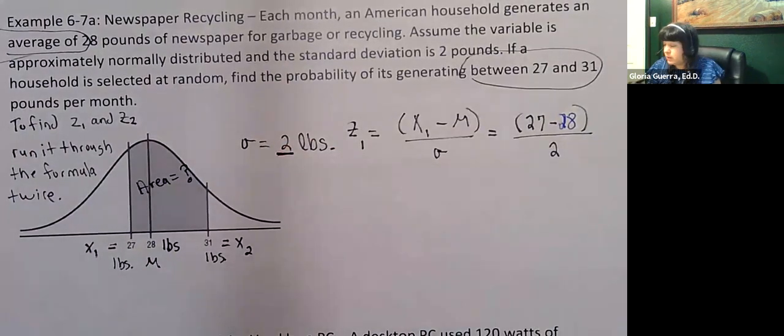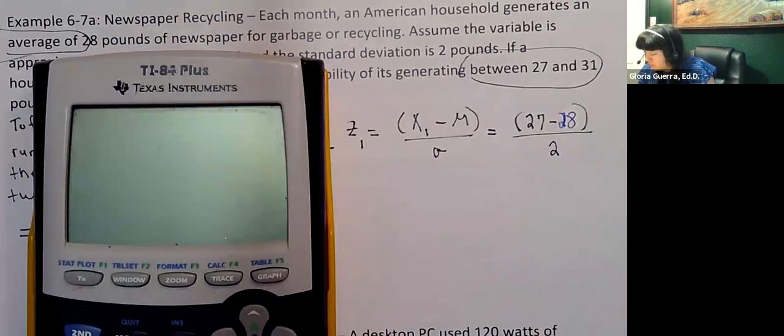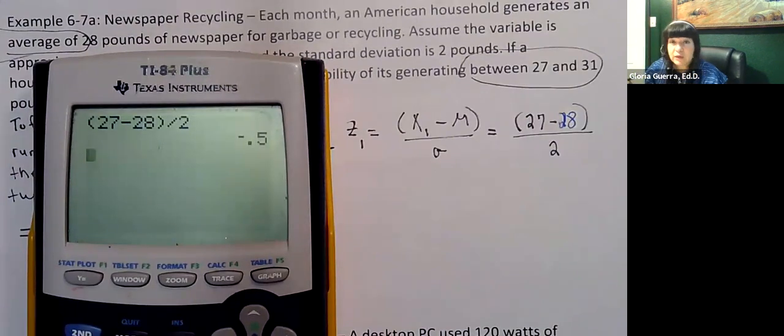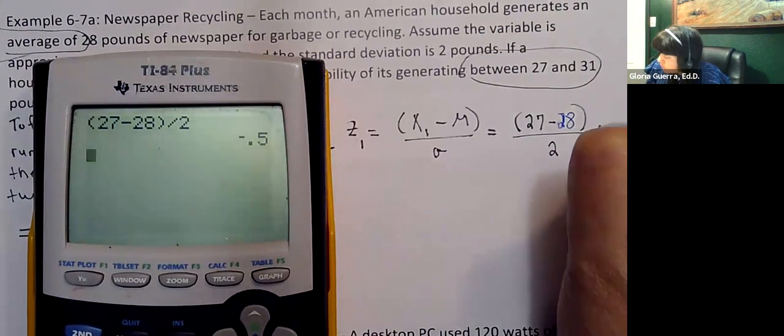Okay, so when I plug that into the calculator, (27 minus 28) divided by 2, it looks like it gives us a negative 0.5.